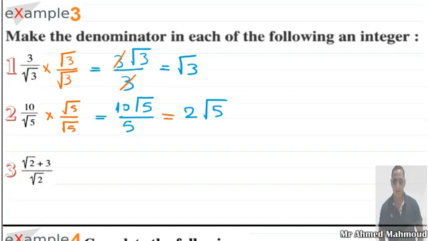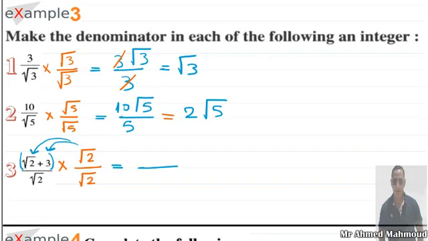Here we have a fraction over root 2, then we are going to multiply up and down by square root 2. Okay, the next step. Suppose we have a bracket here, we are going to distribute root 2 over the two numbers inside.